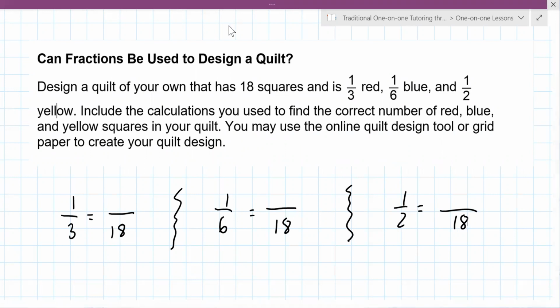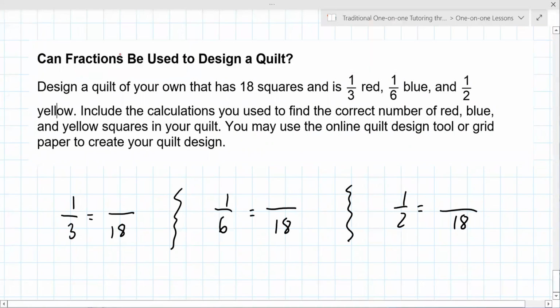So 3 by what again? We're trying to get to 18. Are you able to see my screen? Okay. The one on the left is 1/3 to 18. So 3 times what gets you to 18? 6. Okay. So multiply the top by 6.